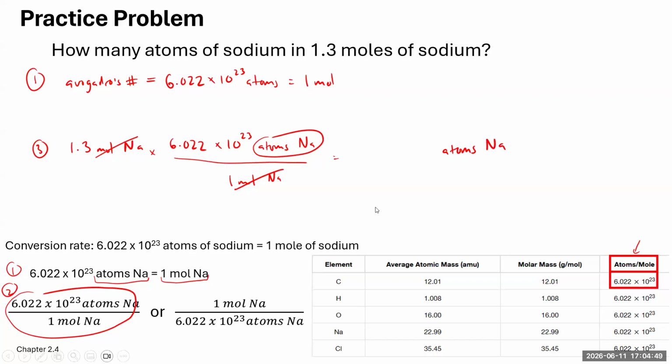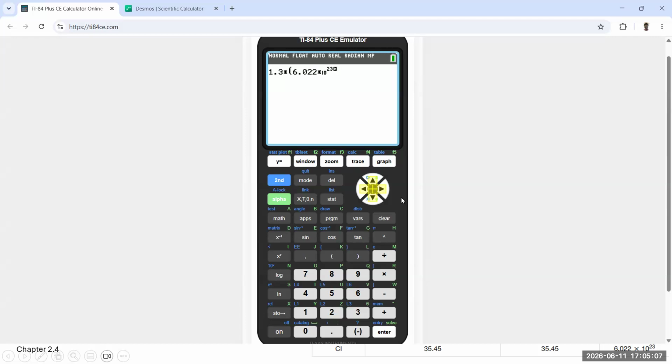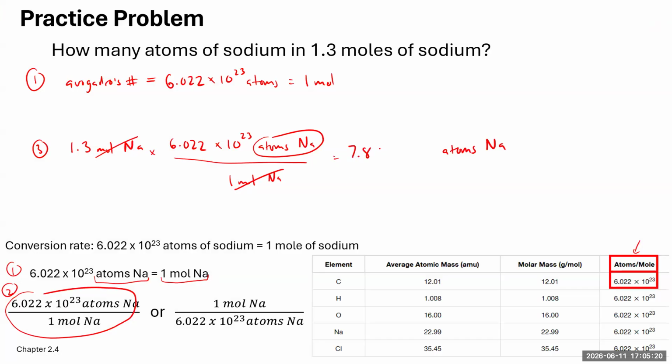Let's try it out and do the calculations. Go back to this one, clear this one. So it said 1.3 times, and this is exponential notation, 6.022 times 10 to the 23rd, close parentheses. 7.8 times 10 to the 23rd atoms of sodium.